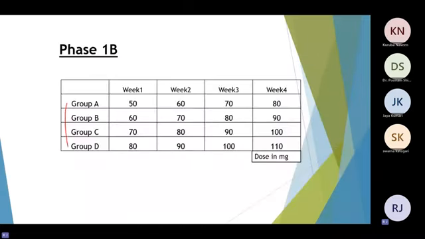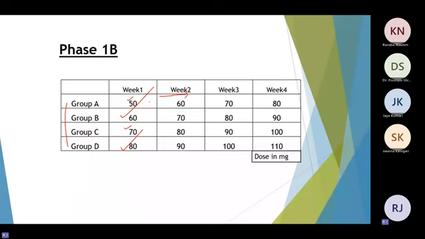Like in group A, we are giving 50 mg, then in group B we started with 60, then group C we started with 70, then in group D we started with 80, and then we are increasing it. Okay, that's why it is a multiple ascending dose study, because we are giving different doses of the drug in ascending order.